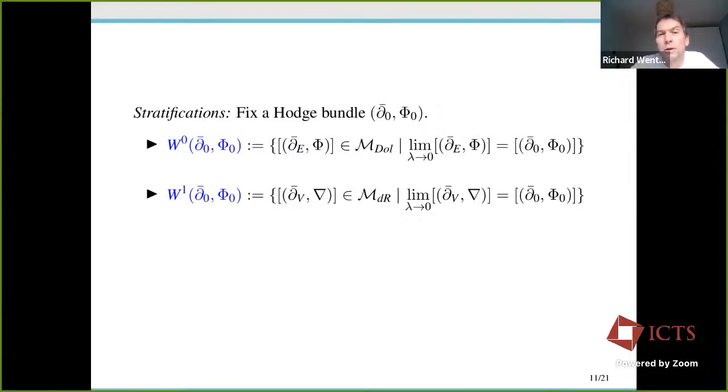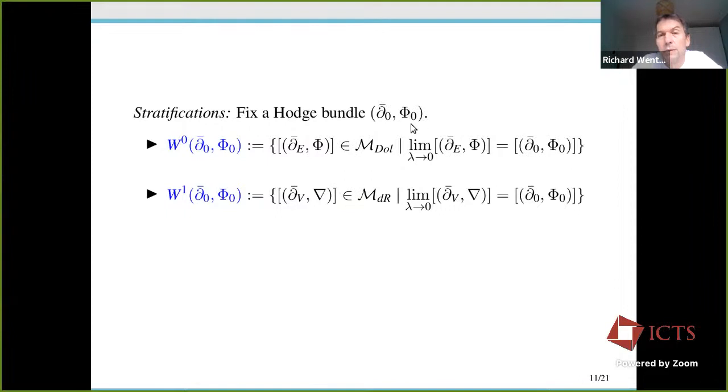So we just saw one example, namely where this was the uniformizing Higgs bundle, and then inside of this we saw the uniformizing oper. But then we have a whole stratum there.